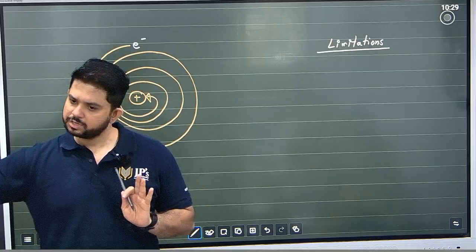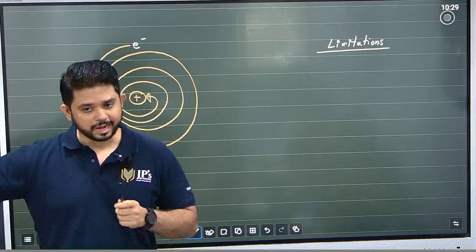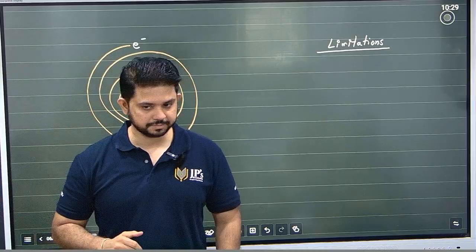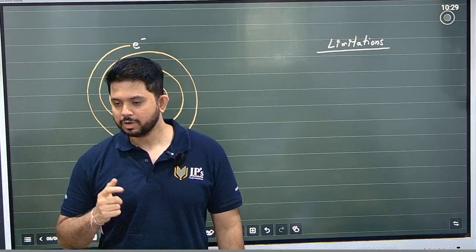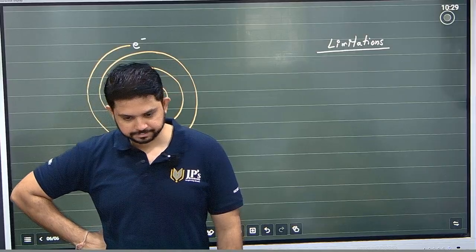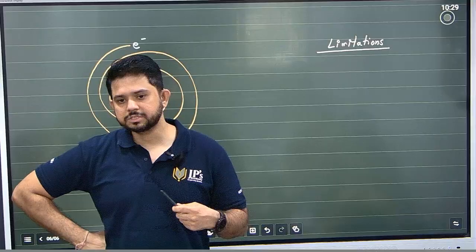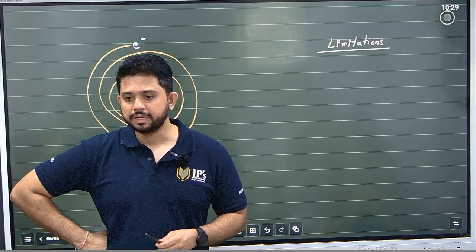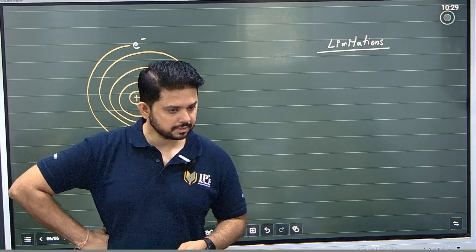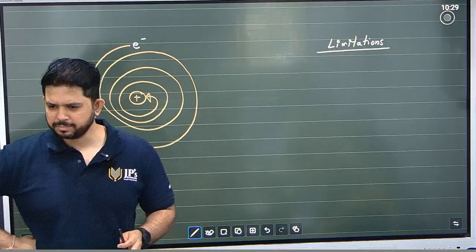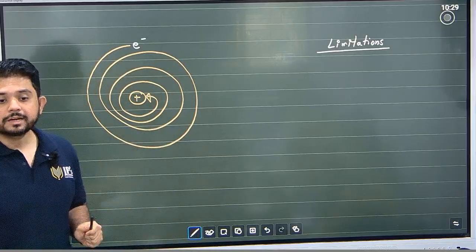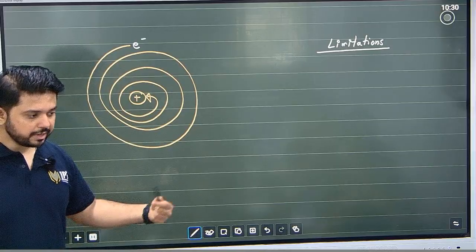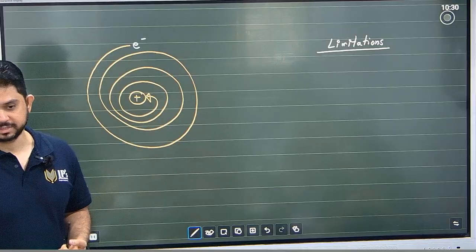Something like this. Let's say we all go to a cricket stadium. I am the nucleus, I am in the center, and I make you all run in circular orbits. What will happen eventually? Can you run continuously? You will eventually drain out, energy will become zero. Somewhat similar. Why isn't the electron losing energy when it is continuously revolving around the nucleus?